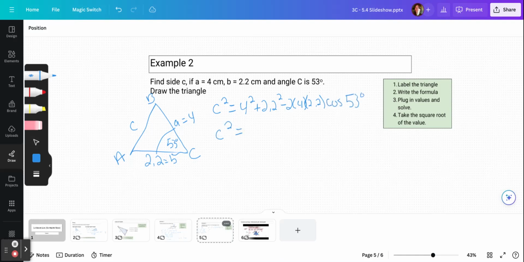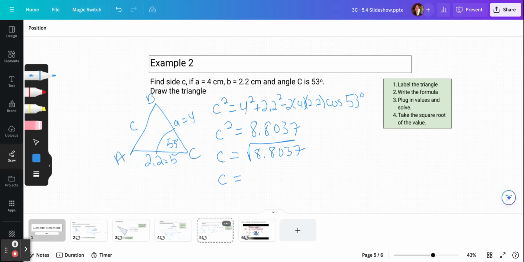So c squared equals, and once again, you're putting all of this in on your calculator, and you should be getting 8.8037. Again, make sure you take 4 decimal places. My next step is going to be the square root of that number.